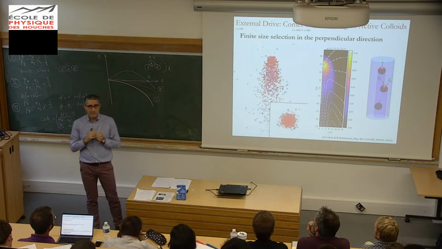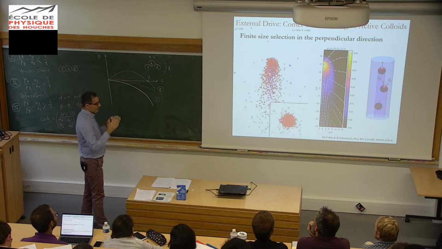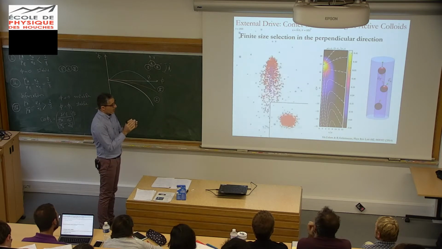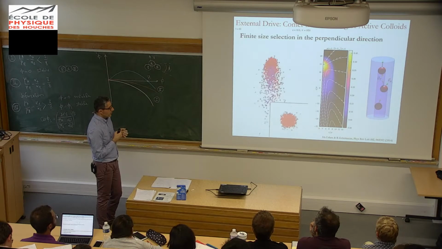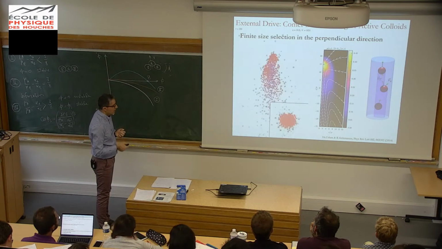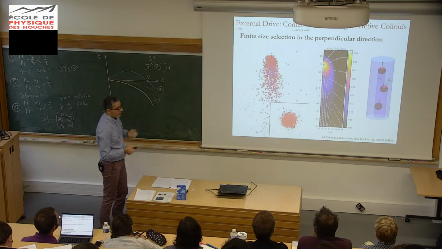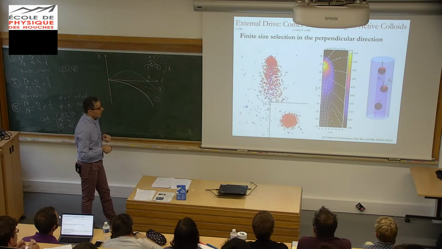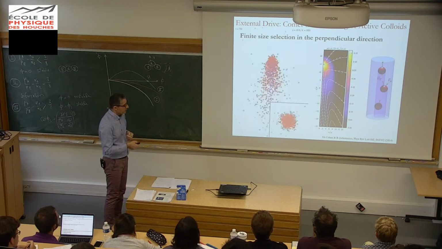So you have never seen a flock or flocking transition which actually picks up a finite size. It always spans the space from one direction. To my knowledge, this is the only example of a system that selects its own size, and it does so because of the peculiar long-range, well, Coulomb-like long-range or gravitational interaction that I explained.